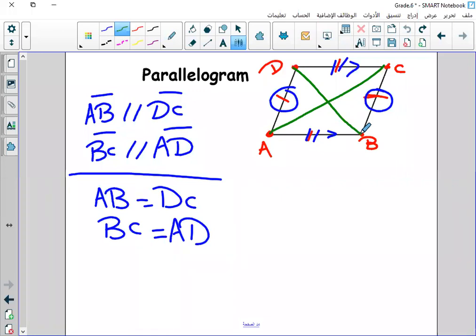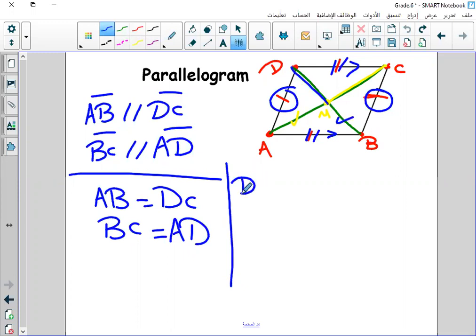The most important property of them is that the two diagonals bisect each other. What is the meaning of bisect each other? That means in this center M, MC will be equal to AM and DM equal MB.